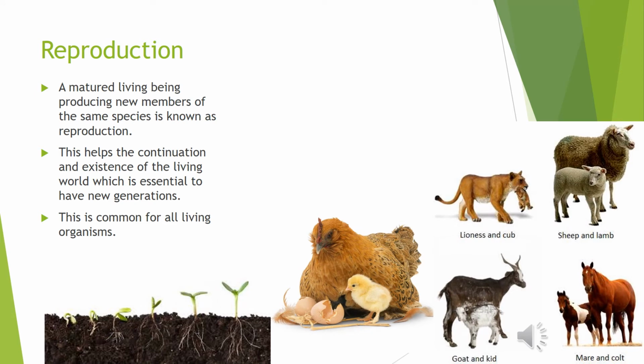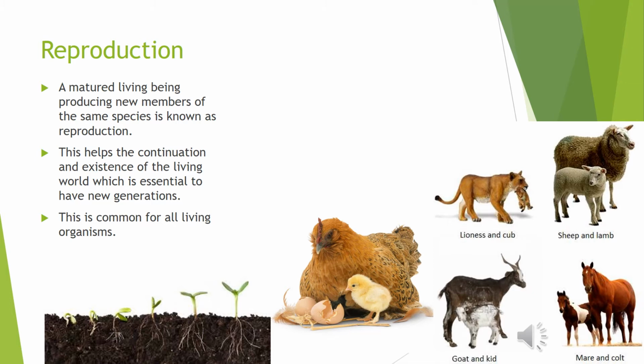Right. Okay, what is reproduction? A matured living being producing new members of the same species is known as reproduction. Okay, and this is helping the continuation and the existence of the living world, which is essential to have a new generation.